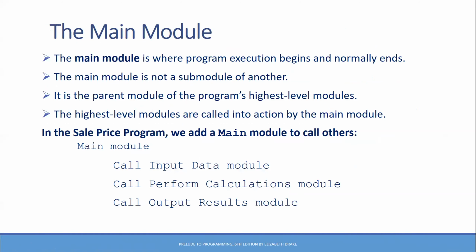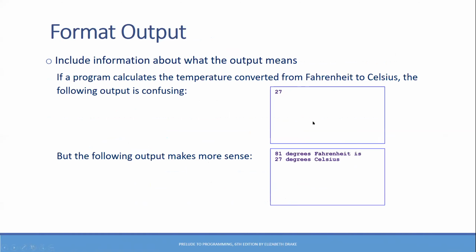So we're going to start our sale price program by saying that it would have a main module where the program would begin. It has control over the whole thing. So it's our controlling module.